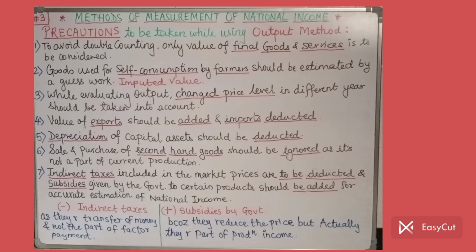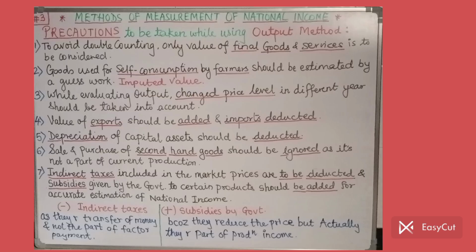Number 3, while evaluating the output, changes in price level in different years should be considered and adjusted accordingly. Whatever price changes take place while calculating, that price change should be adjusted in the final income calculation to arrive at the correct amount. Number 4, value of exports should be added because we are getting that, and imports should be deducted. So exports added, imports deducted.